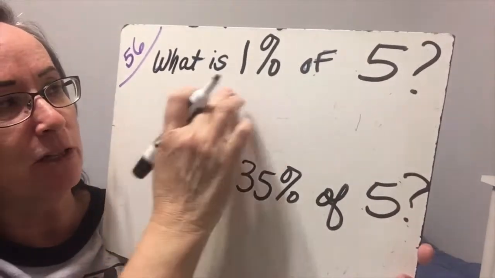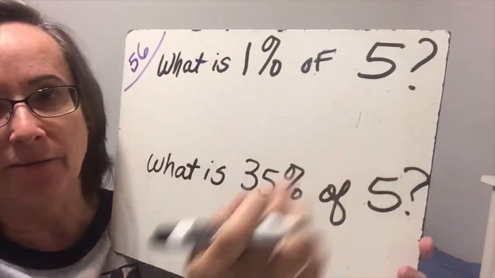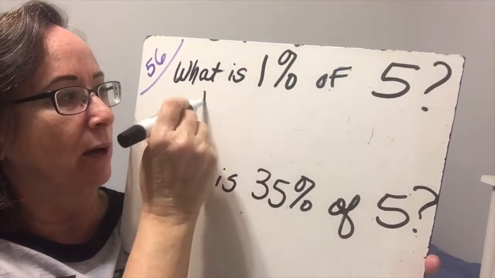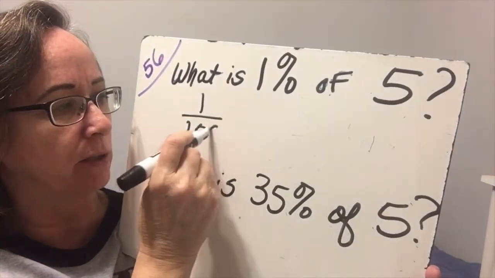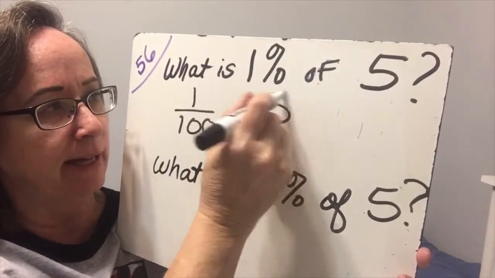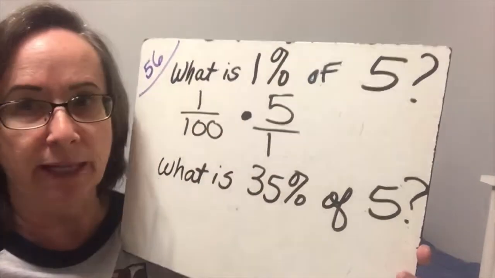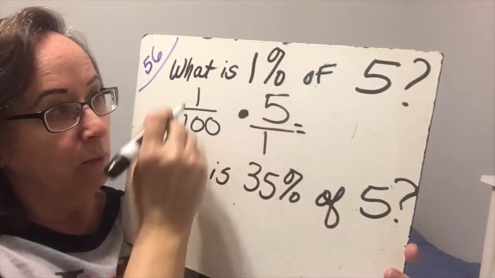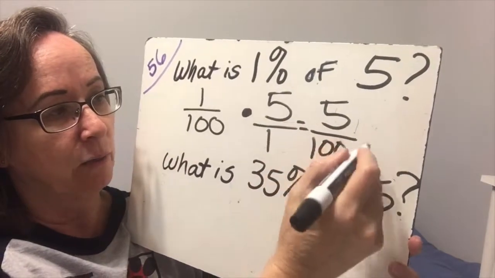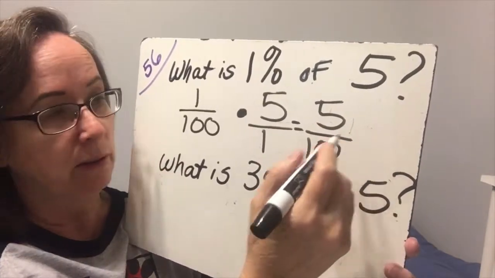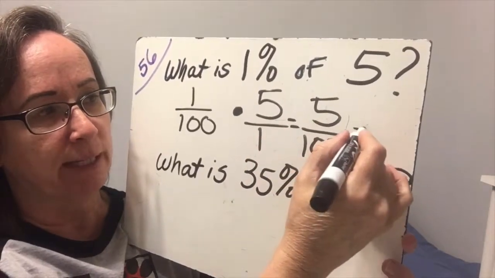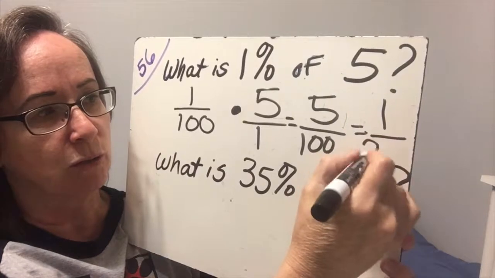Okay, so on the first one, what is 1% of 5? So let's start using the fraction method. 1% is 1 over 100. Of means times, and 5 can be written as 5 over 1. So when I multiply across, I get 5 over 100, which is equal to, when we divide by 5 and divide by 5, 1 over 20.